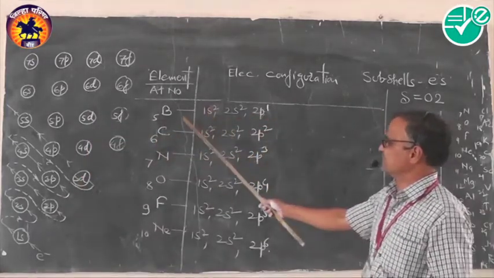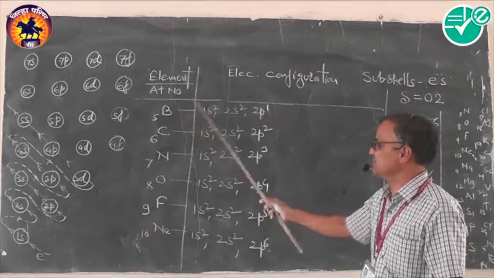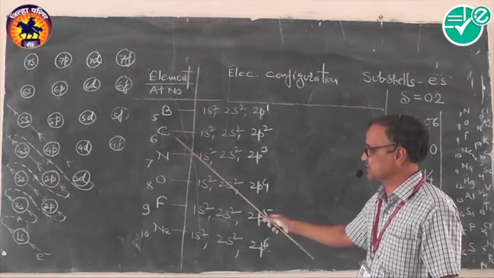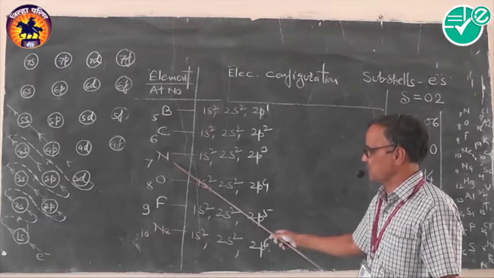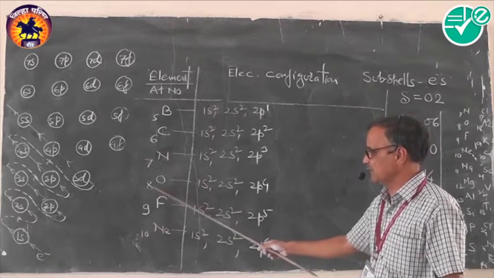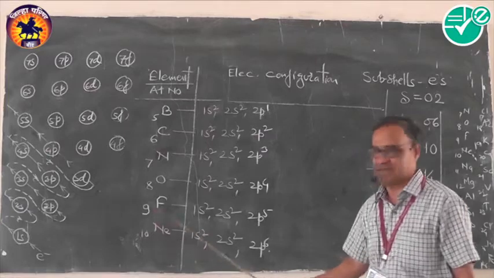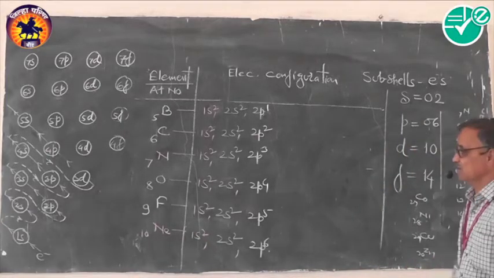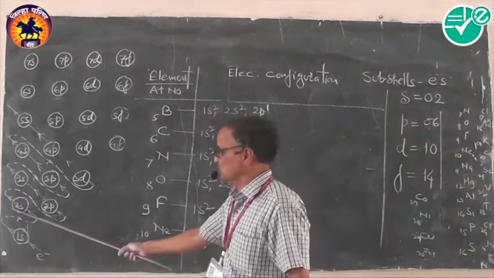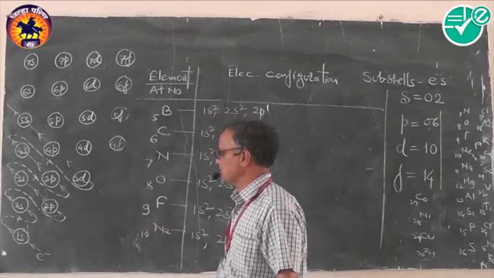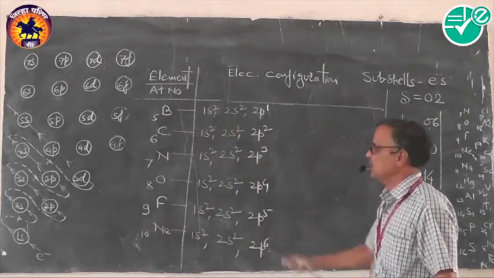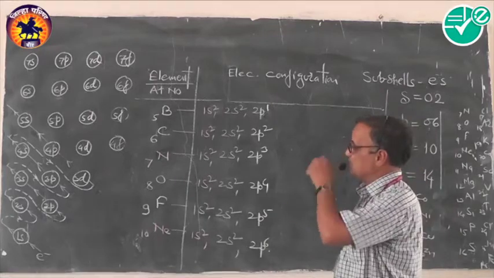So boron is the 5th element in the periodic table, carbon is the 6th, nitrogen 7, oxygen atomic number 8, fluorine atomic number 9, and neon is an inert gas having atomic number 10. So 1s2 2s2 is the electronic configuration of beryllium, and now the 5th element is boron.